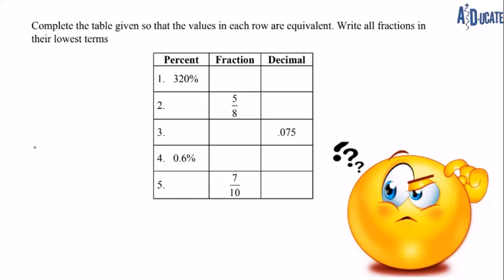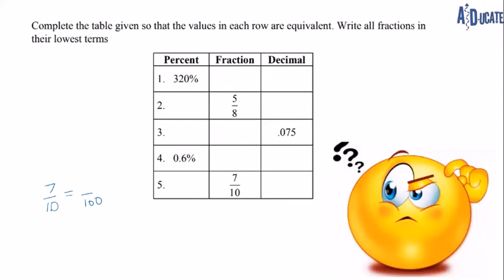I like how this one starts, because it's 7 over 10. And 7 over 10 as a percentage has to be a number over 100. How do you change a fraction to a percentage? We need to make 7 over 10 a number over 100.